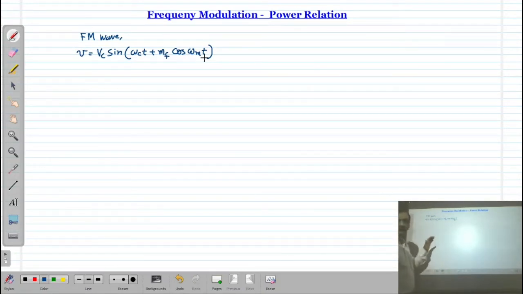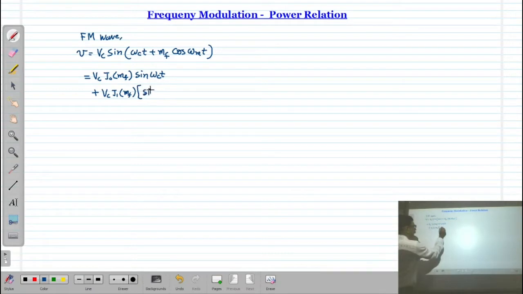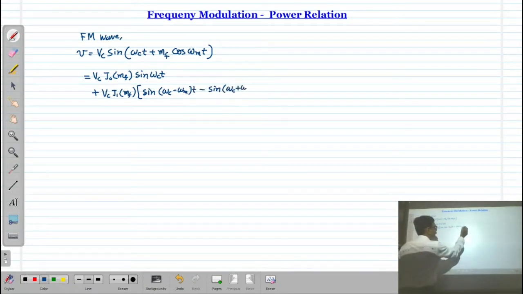So if we expand this expression using the Bessel function, then we can write it as Vc into J0(Mf) into sine omega c t, plus a second term, Vc into J1(Mf) into [sine (omega c minus omega m) t minus sine (omega c plus omega m) t].